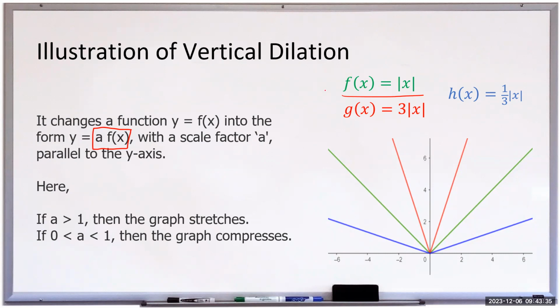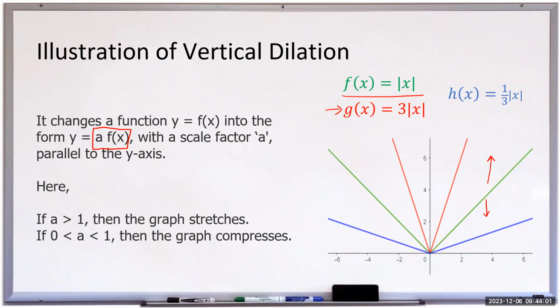So meaning g here experiences a vertical stretch. So it is stretched vertically with a scale factor of 3. Okay, so again, to illustrate that, we start with the green parent function. If we want to stretch this vertically, take note of the direction of my stretch. Okay?